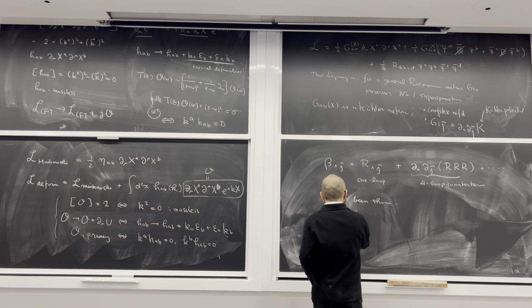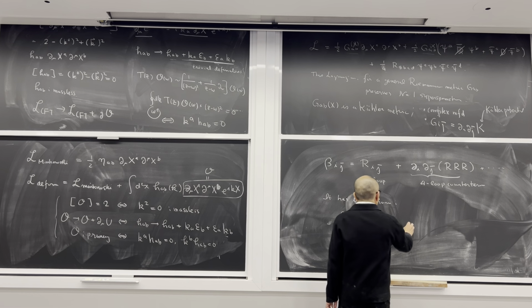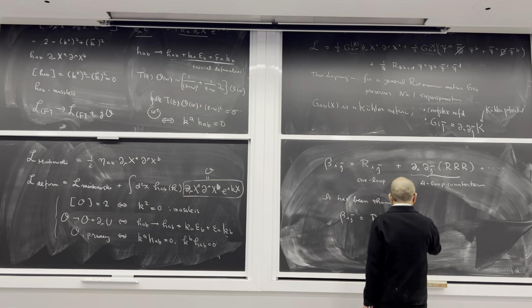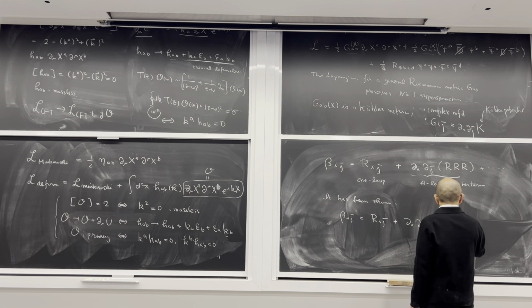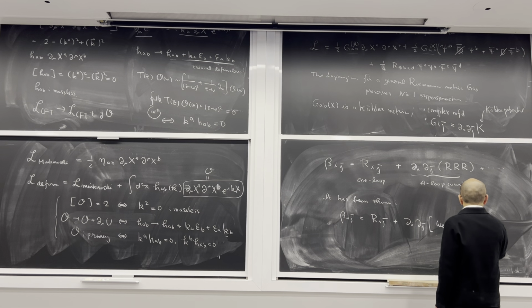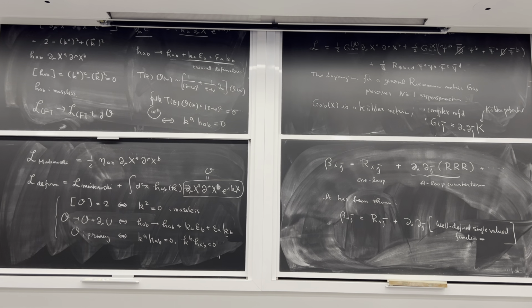that the beta_ij is equal to R_ij-bar plus del_i del_j-bar of something that is a well-defined single-valued function on the target space. Okay? So what does it mean that it's a well-defined function?